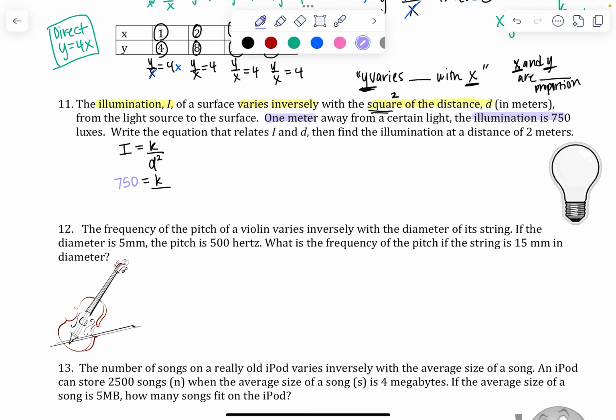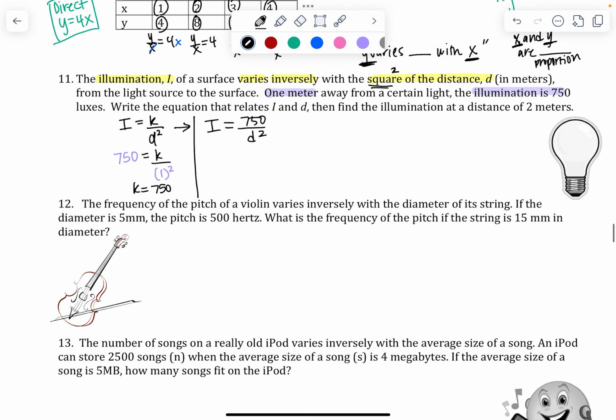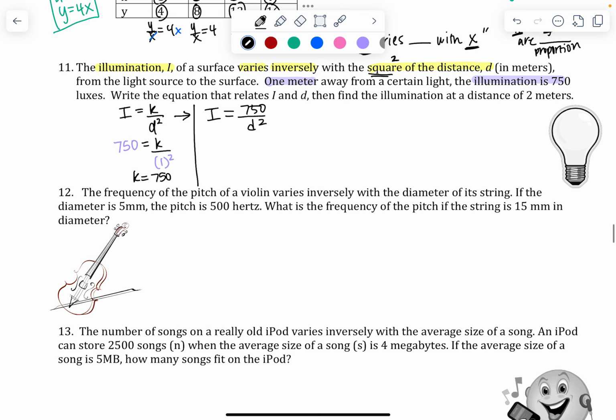So we're going to plug in 1 for d. Well, 1 squared is just 1, and then if you multiply both sides by 1, we end up with just k equals 750. And so our equation is I equals 750 divided by d squared. Part 1 is done.